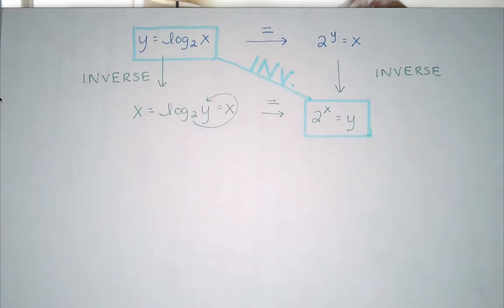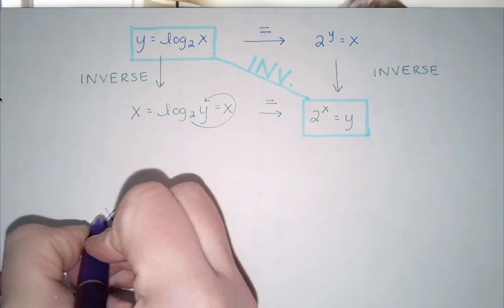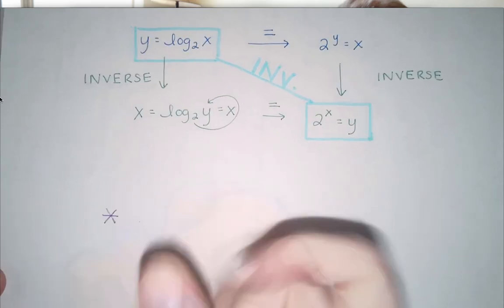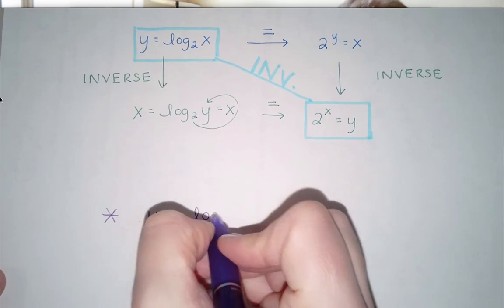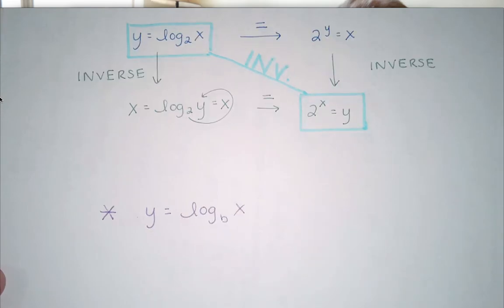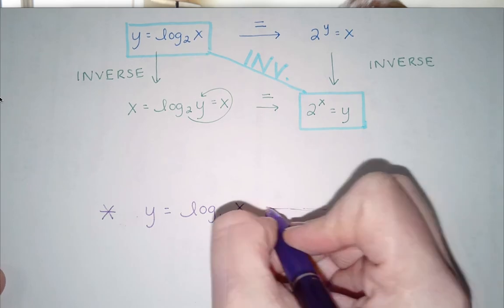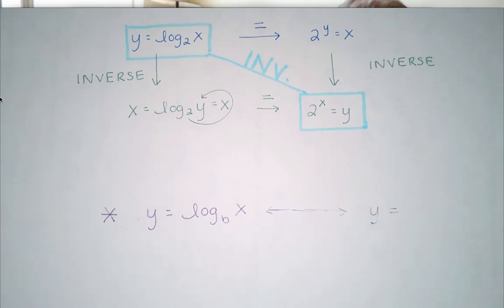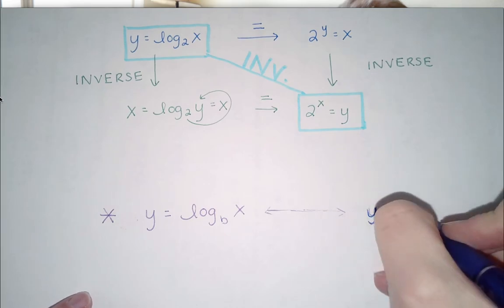So to generalize, if I give you y equals log base b of x, and I ask you to find the inverse, the inverse of that function is going to be y equals b to the power of x.